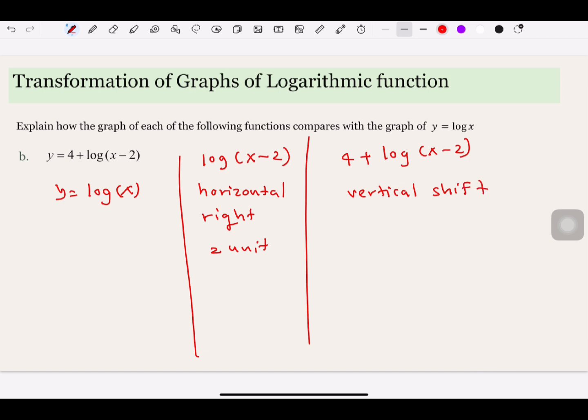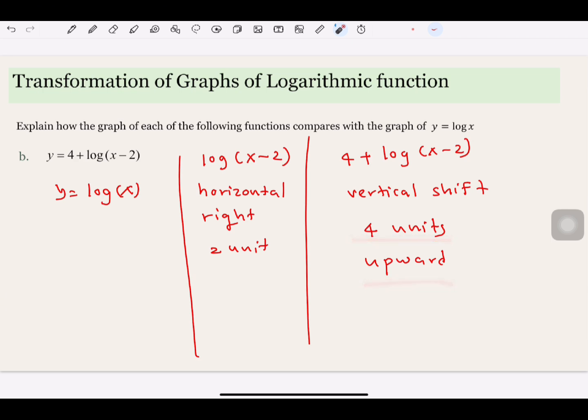The whole graph moves up by 4 units. It's an upward shift. So in summary, for this function we can see a shift right by 2 units, and it's also going to move upward by 4 units.